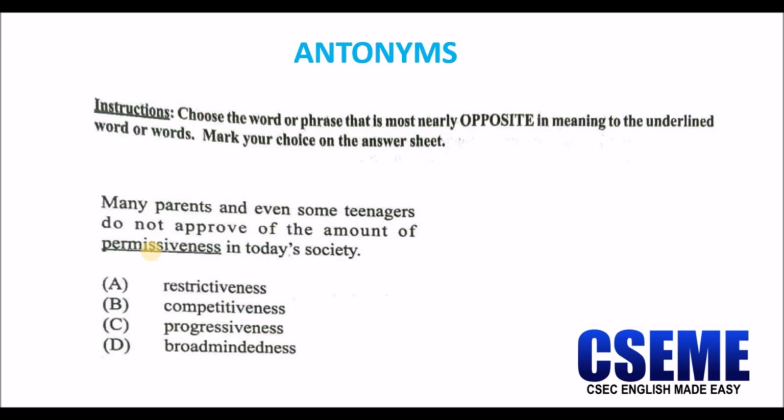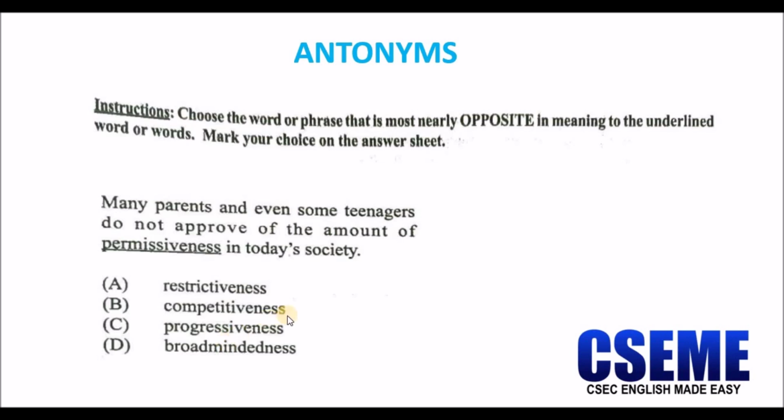And if that is the case, remember, always go back to the instructions: most nearly opposite. So we're looking at what would be the opposite of you're free to do whatever you want, right? And A, restrictiveness, B, competitiveness, C, progressiveness, and D, broad-mindedness.